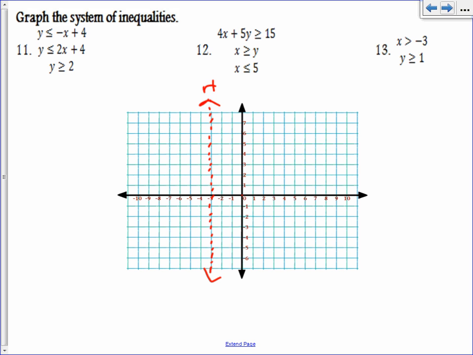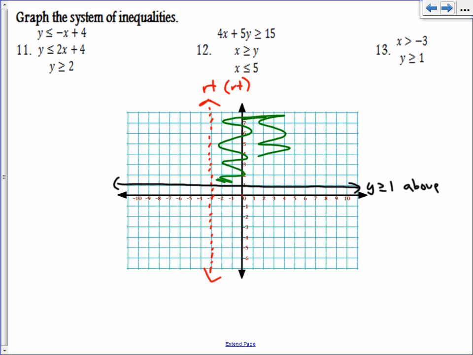That's to the right. So y is greater than or equal to 1 is a solid line. And so again, the answer is above this line and to the right of that line, because they're both greater than, is this area right here. And so if I pick any point in this area right here, it would solve both equations. That's what you're looking at.